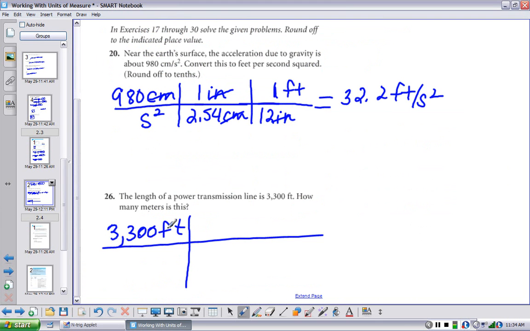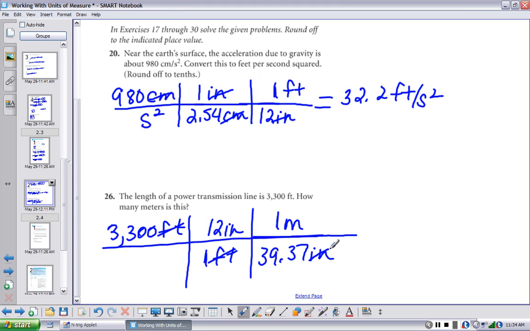So we need to go from feet to inches so we can go from inches to meters. Again, there are 12 inches in 1 foot. So the feet cancel. And then we just said that there are 39.37 inches in 1 meter.